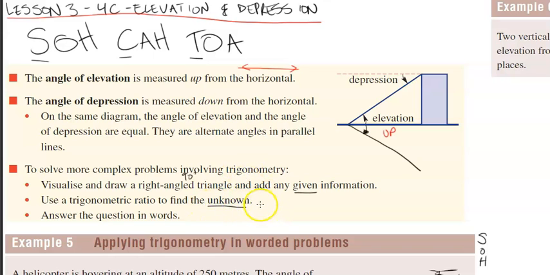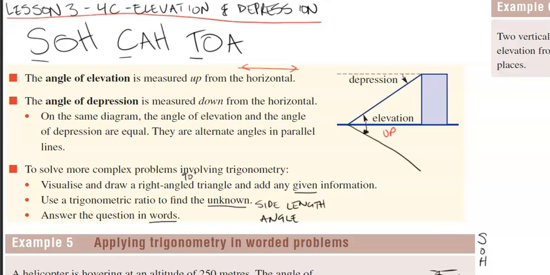This unknown can either be a side length or it can be an angle. Side length we know how to solve for by using sine, cos, and tan. An angle we know how to solve for by using the inverse function of sine, cos, and tan, which we can find on the calculator. And then you answer the question in worded format, because if the question is provided in worded format, you always answer it in worded format.